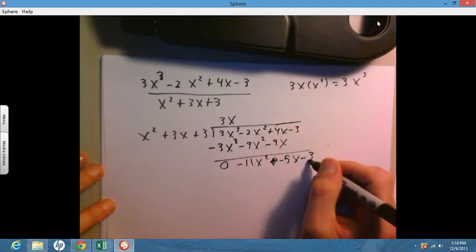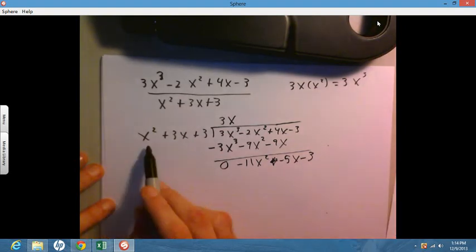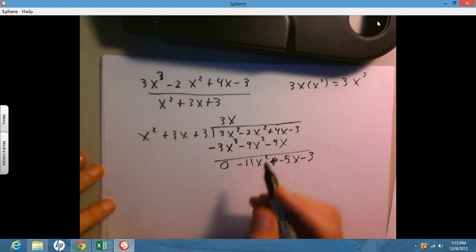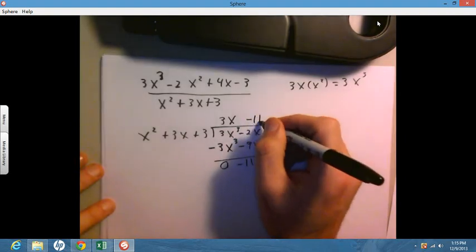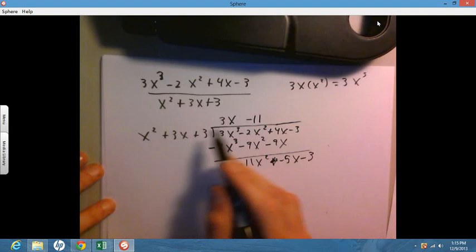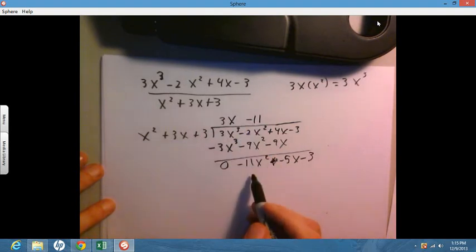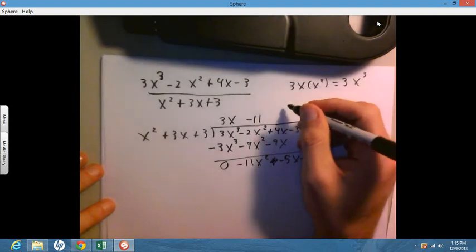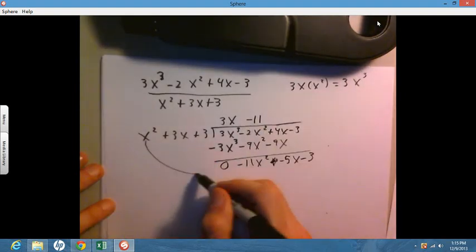Now I start the process over again. How many times does x squared go into negative 11x squared? Well, it goes negative 11 times. Why? Because x squared times negative 11 is negative 11x squared. So we have, how many times does this term go into this term?